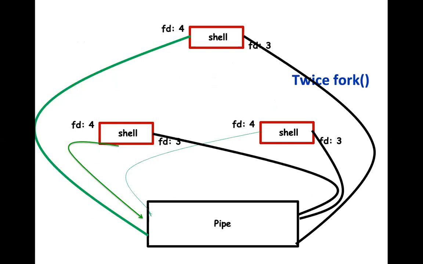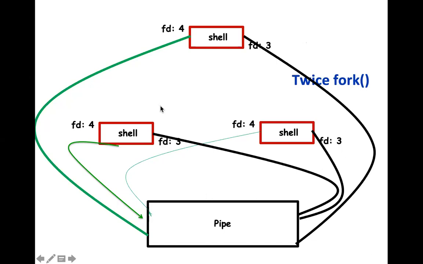It will create two children, and all the file descriptors of the pipe are the same, so FD 3 and FD 4 have the same numbers in each.